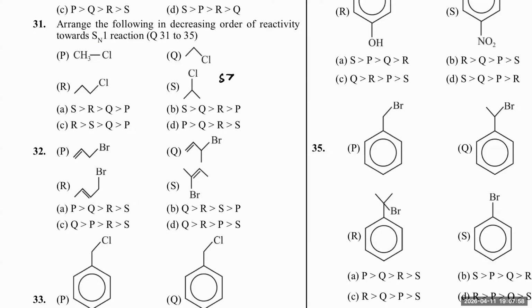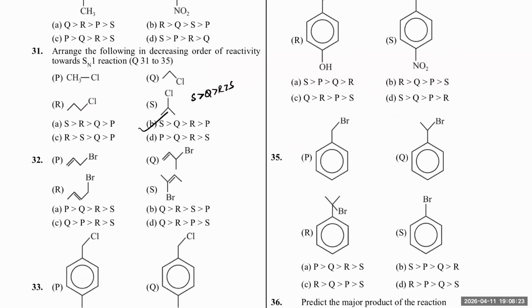That includes S, and then between these two, you will get a plus charge here. Removing this, you'll get a plus charge here. Hyperconjugation wise, it looks like Q is more than R here, isn't it? So that will be Q, then R, then S.